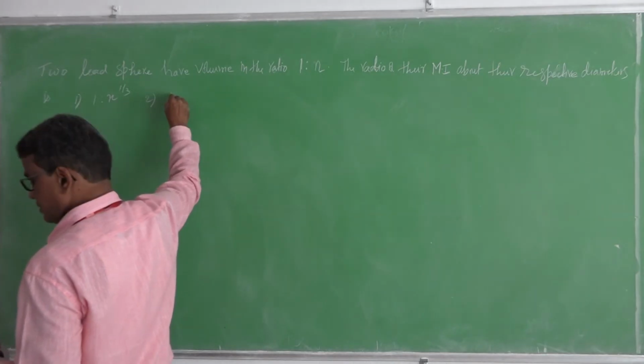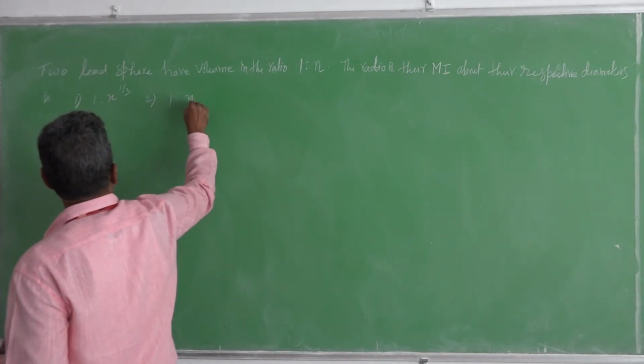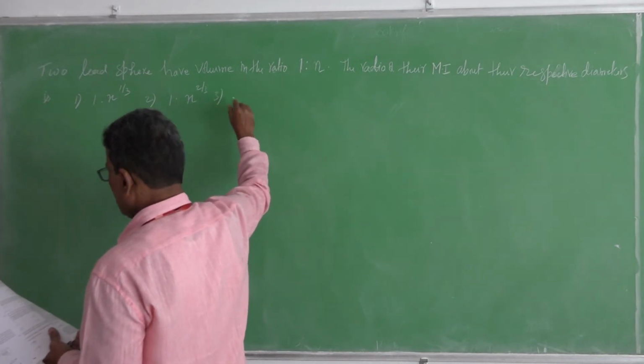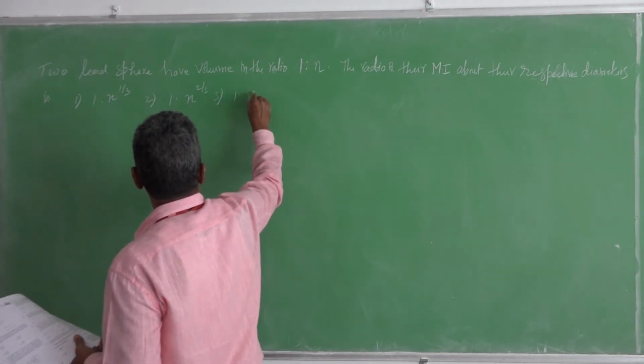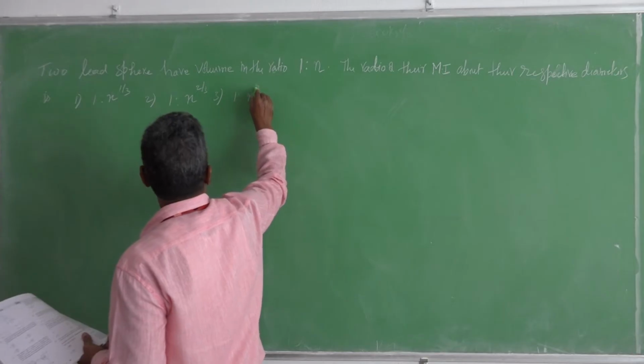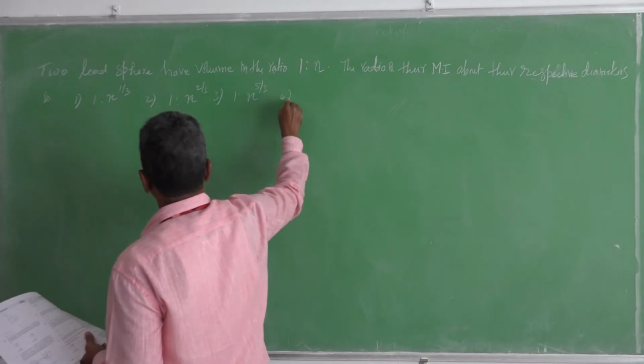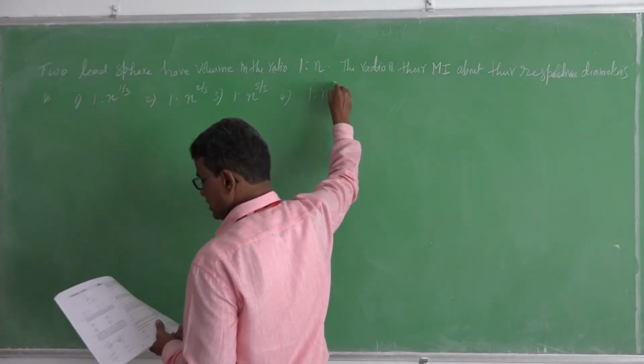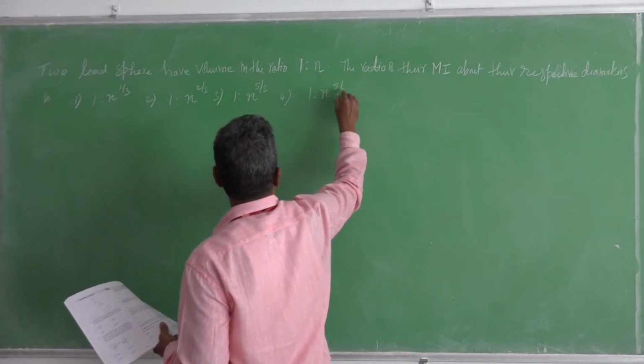Second option, 1:n to the power 2 by 3. Third option, 1:n to the power 5 by 3. Fourth option, 1:n to the power 5 by 2.